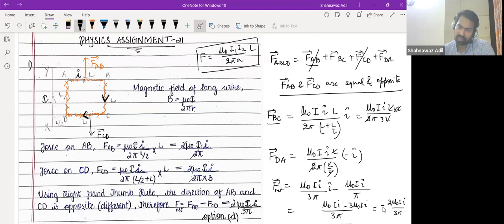Minus means the force would be attractive, in the left hand direction. So this is what you will get.